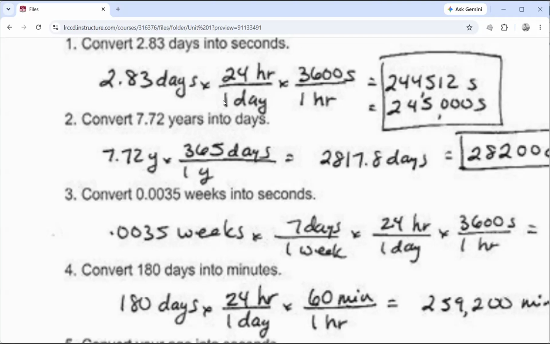Do every day. Yeah. Please. Yes. So, one way.